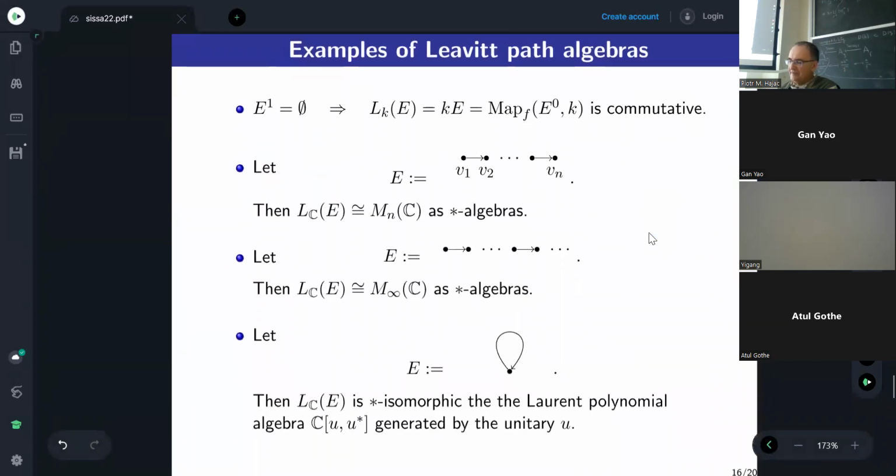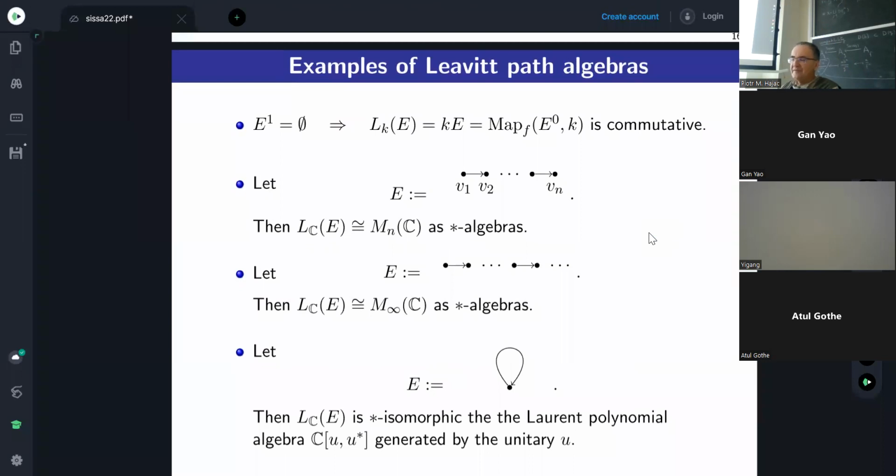But now, how about our one-loop friend? It used to be a polynomial algebra for path algebras. But now, because I have a ghost, this becomes a unitary. And these are Laurent polynomials.